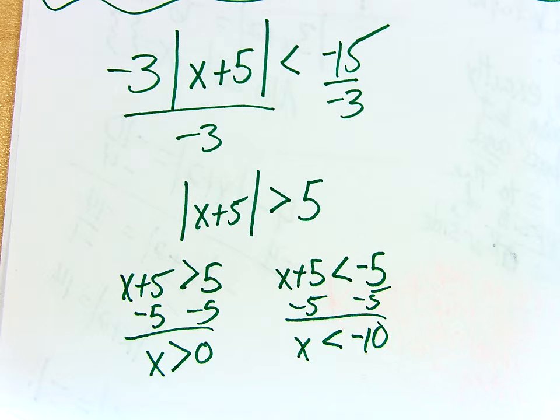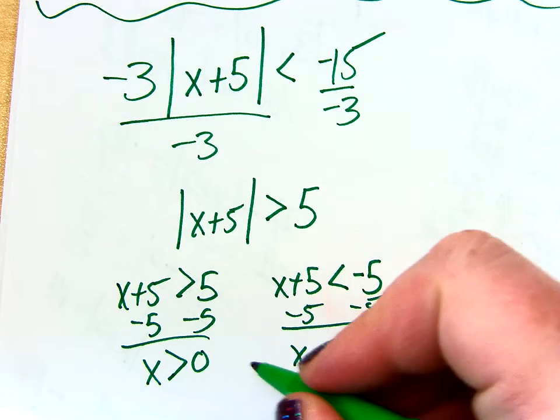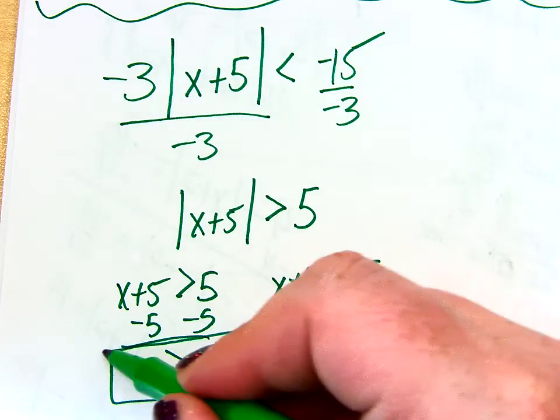Well, which is it? Is it an and or is it an or? In this case, it's an or. There are no numbers that are greater than 0 that are also less than -10. Right? That doesn't exist. There's not one number that fits both. So this has to be an or. So that would be an okay answer.